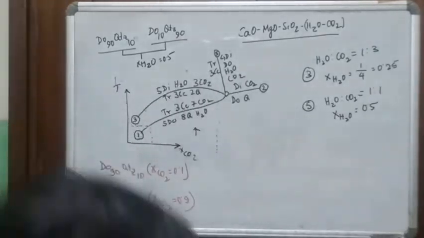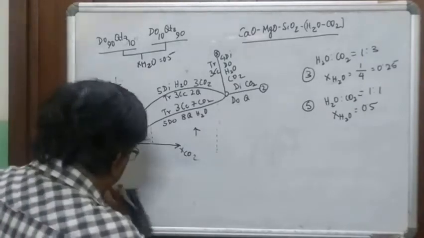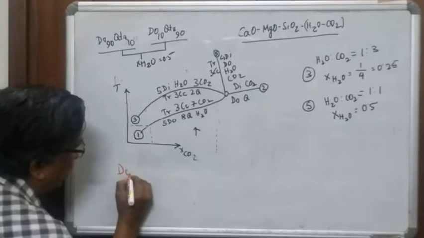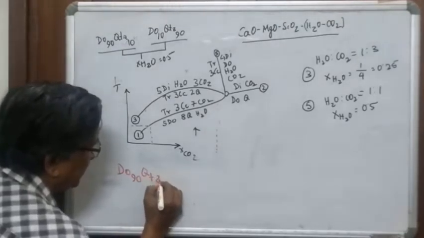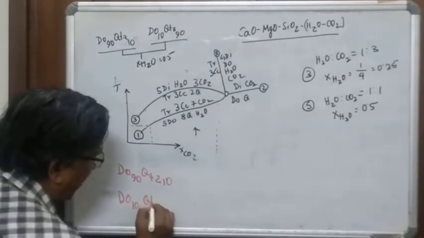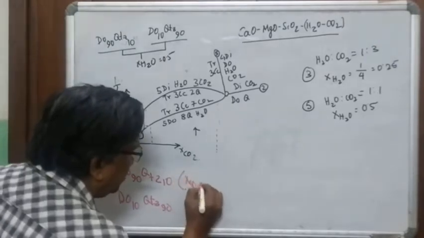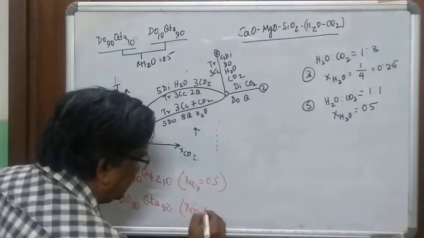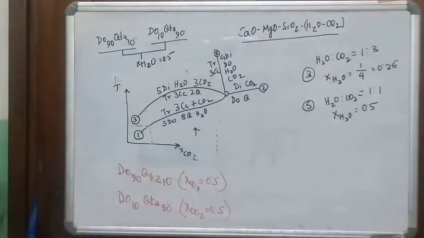In other words, you can take the other case, say for example, you have dolomite 90, quartz 10, and dolomite 10, quartz 90. Here XCO2 is 0.5 and here XCO2 is 0.5. Now you see there is something interesting.